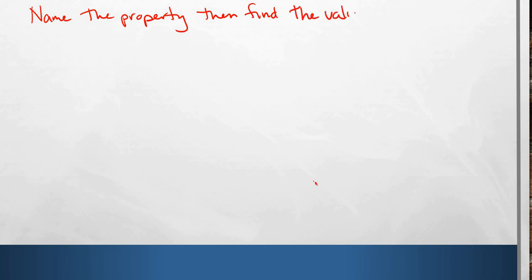I want you to write down these directions. Name the property. Then find the value of n. Alright, so example 1. 42 times n equals 42.